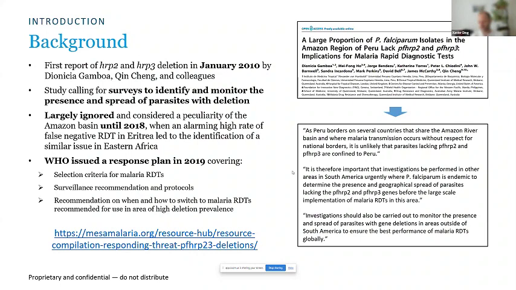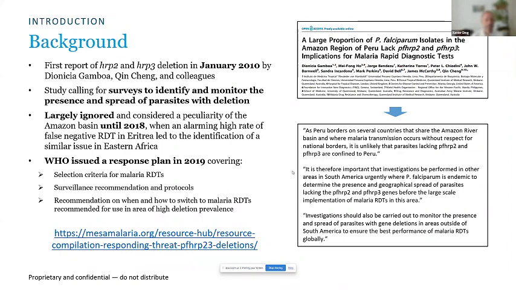But I think it's fair to say that this issue was considered very much a peculiarity of Peru, of the Amazon region, for a very long time, and was largely ignored until we realized back in 2018 that it was spreading and present elsewhere, especially in Eritrea, where a very high rate of false negative RDTs led to investigation and the identification of a similar issue in Eastern Africa.